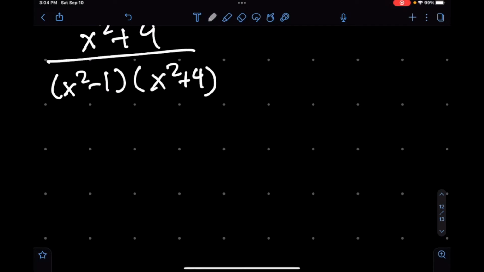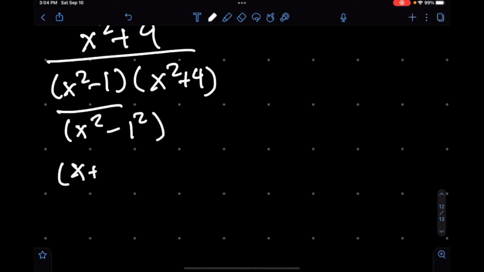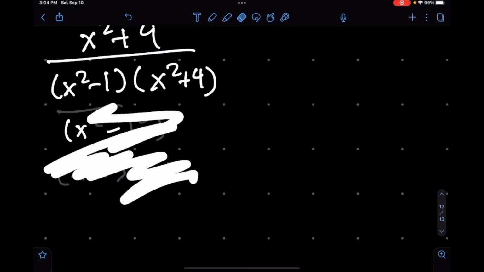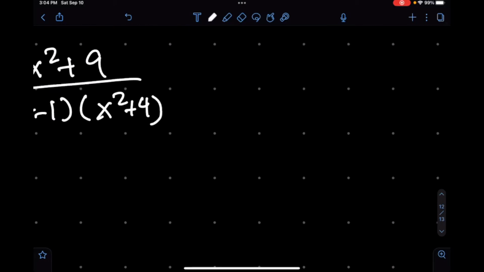What about this second term? x squared minus 1. This is the same as saying x squared minus 1 squared, which is equal to x plus 1 times x minus 1. So now we have 3 terms that we have to evaluate.